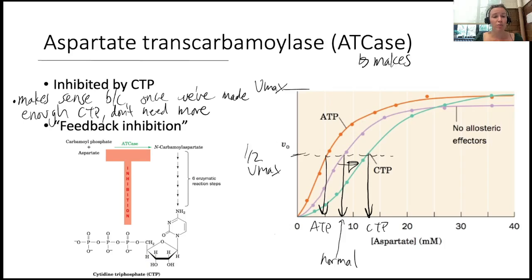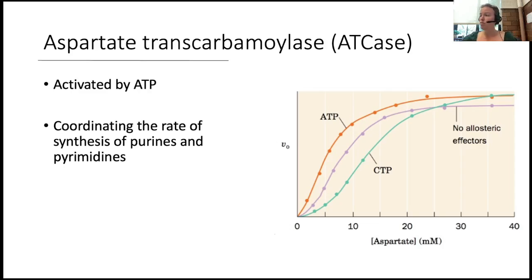So that's what's going on with CTP. But also from the graph, you may have noticed that it seemed like ATP had a smaller Km. So let's try this again. Vmax, 1/2 Vmax.